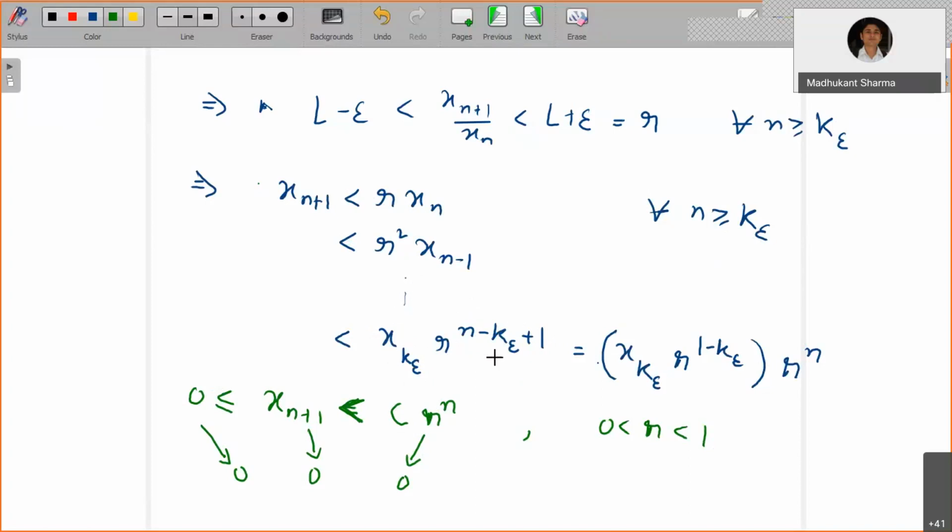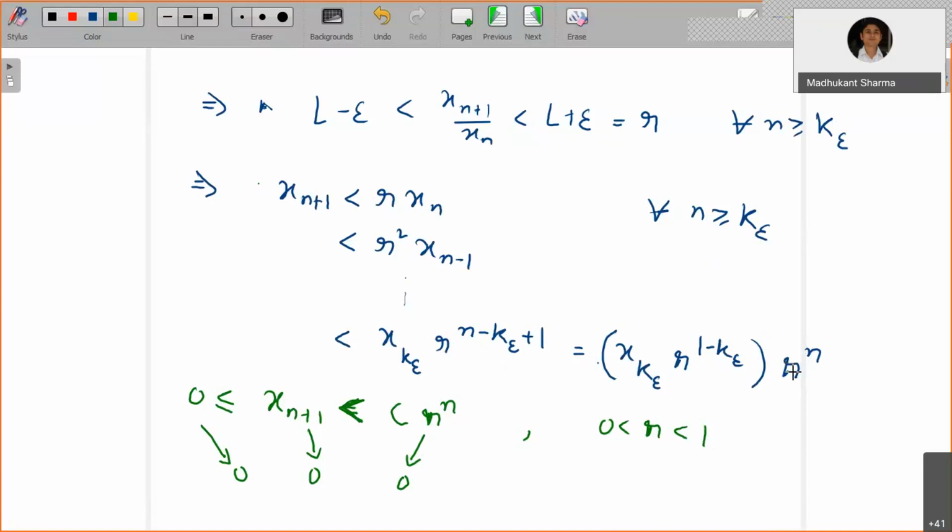Okay, and then we just extract R to the power n from here, and the rest of the things I have put into the constant because they remain fixed and do not change. And R is also a fixed number, with 0 less than l less than R less than 1, such that l is strictly less than R. So this is a fixed number, only n is varying.